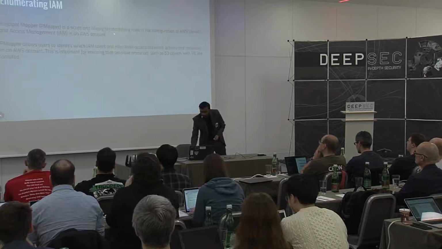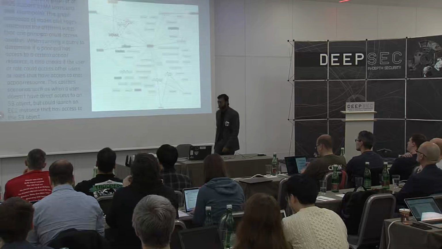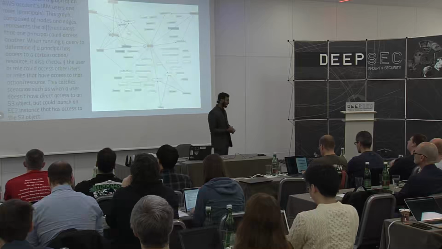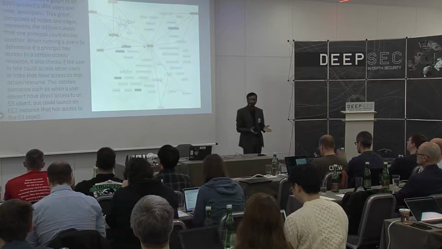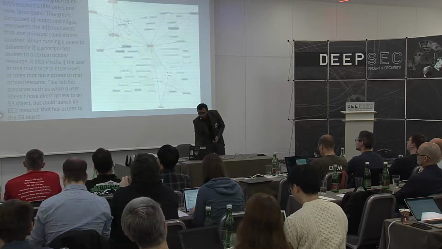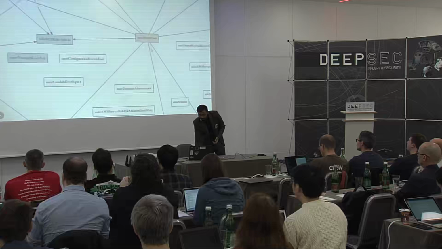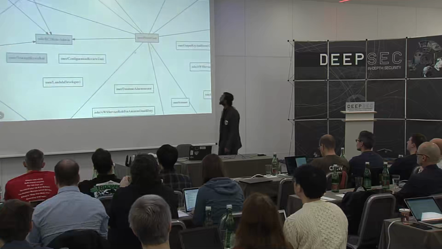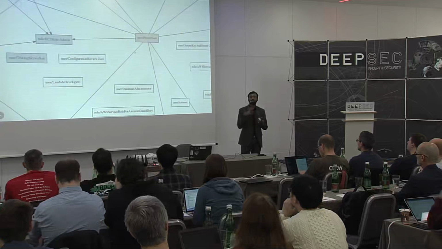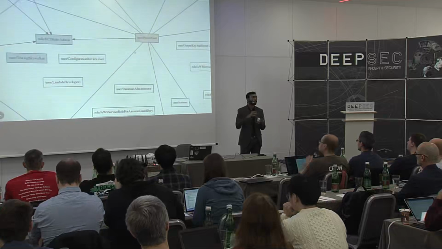So I'll talk about what exactly this is. Let's see. Once you execute Principal Mapper, you get a proper graph for your account. If you see here, you see all of the resources and actions compared to what entities are accessing them.